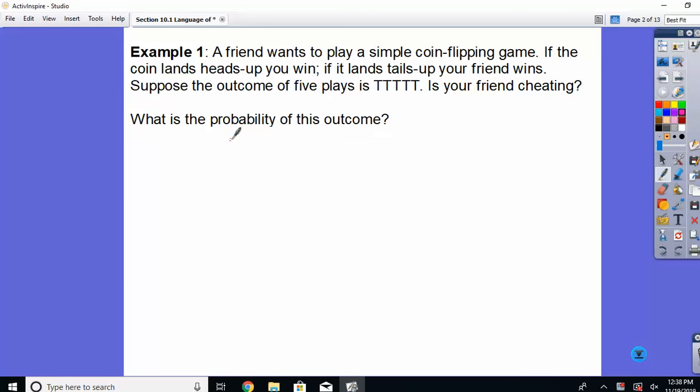So what's the probability of getting tails the first time? It would just be 0.5 times 0.5 times 0.5, five times. So you'd have to multiply 0.5 five times, or just write it to the 5th. If we do that, we get about a 3% chance. So that's unusual.